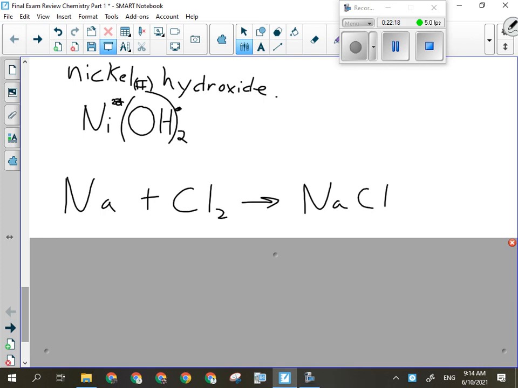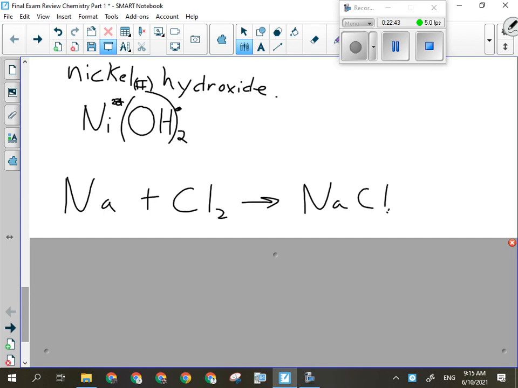If I want to balance a reaction, what do I start with? I go with the biggest number. Right now, the biggest number is chlorine, and it just so happens that's also the thing that's not balanced. There's 2 chlorines on the reactant side and only 1 on the product side.